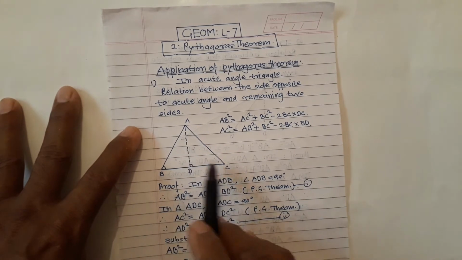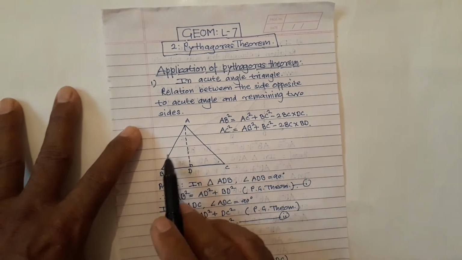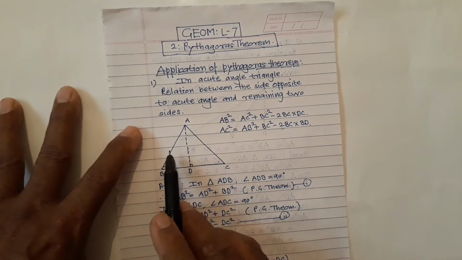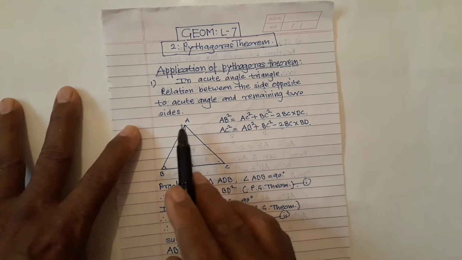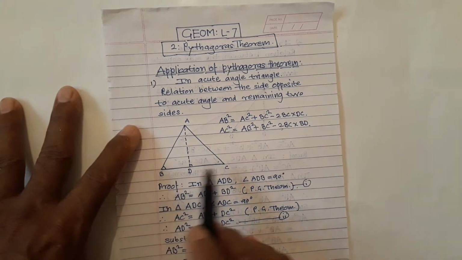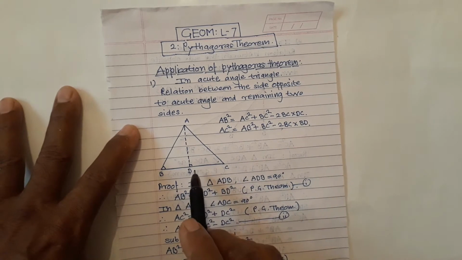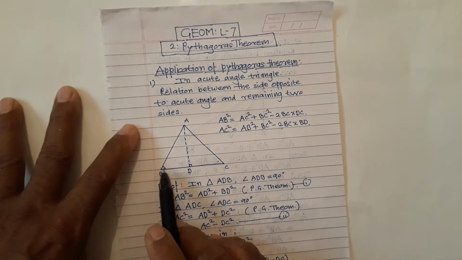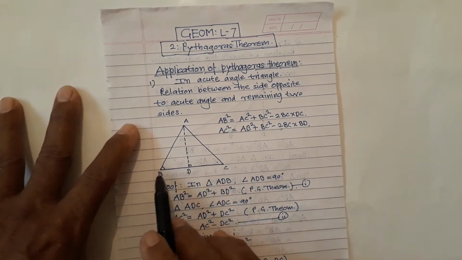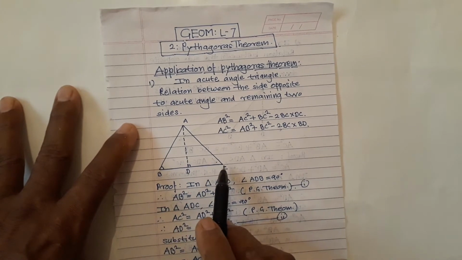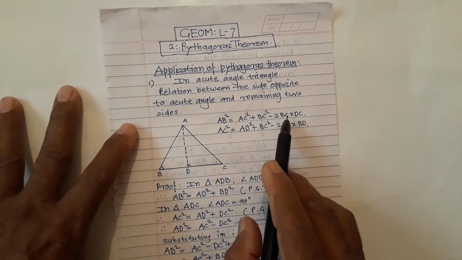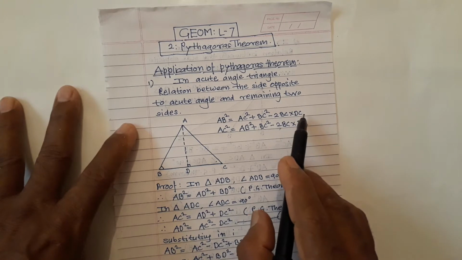In triangle ABC, AB square, means this side square, is equal to AC square, remaining side BC square, plus BC square minus this. Now this is a perpendicular drawn on BC, therefore BC is base, minus 2BC into DC.